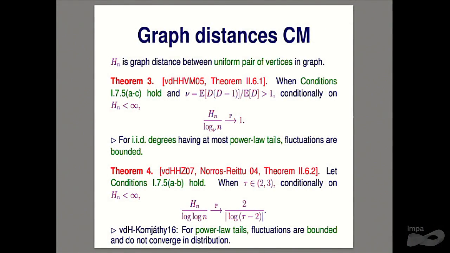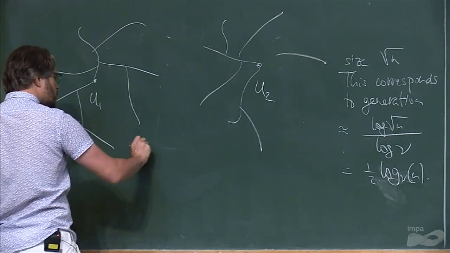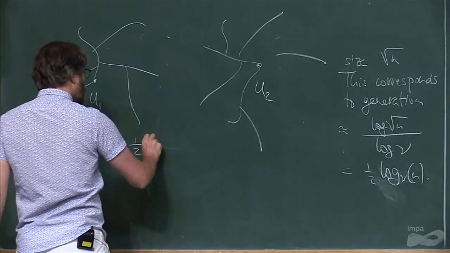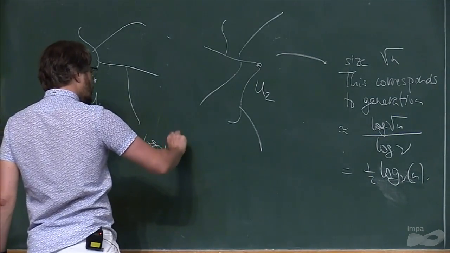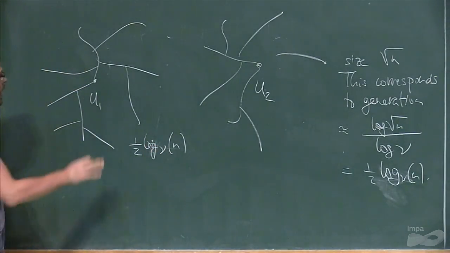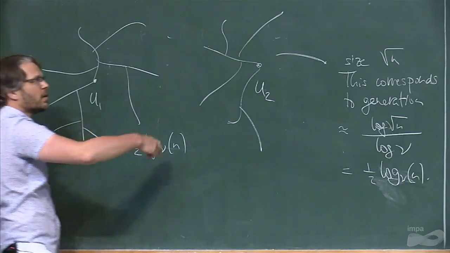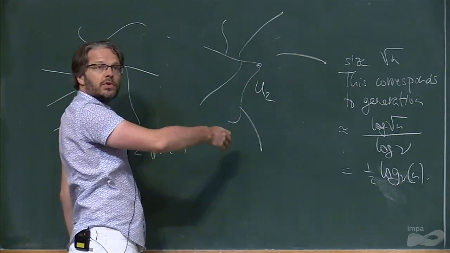Okay? So if I do this from here as well, I can basically go up to the same generation for my tree. And again, I can do this coupling up to size 1/2 log_nu of n. And then I'm going to have roughly square root of n vertices on the boundary, and here I will also have roughly square root of n vertices on the boundary.